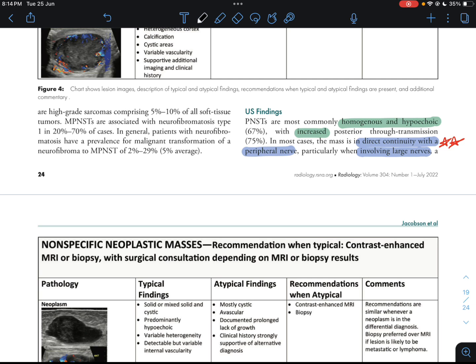And one of the most important and pathognomonic signs, if you see it in ultrasound, it is 100% sure that this is a peripheral nerve sheath tumor, that is there's a direct continuity with the peripheral nerve. If you see a lesion like this, and when you trace the continuity proximally and distally, you can see a continuity with the nerve. This is pathognomonic for peripheral nerve sheath tumors.